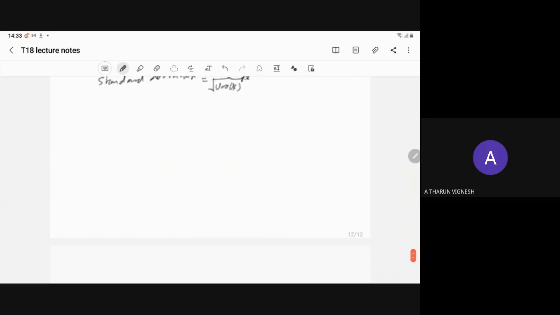Actually, for example, let us say instead of the marks you take the weight of class 1 students and the weight of class 2 students. So here we have the class 1 students, let x11, x12, x13, up to x1n. Similarly, weights for class 2 are x21, x22, x23, up to x2n, in kg.